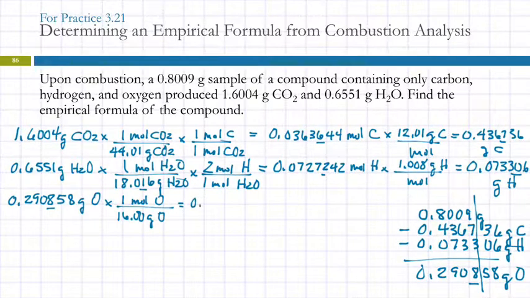That gets me 0.0181786 moles of oxygen. Now I have moles of each element. What do? Divide by the smallest. Which one's the smallest? The oxygen. So I'm going to divide by the smallest one.